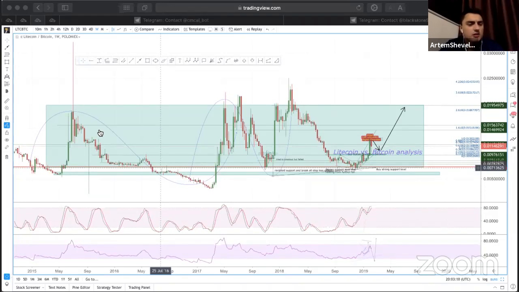You can just find similar price actions, like patterns or fractals on USD prices, but for long-term investing, you need to focus on altcoin versus BTC.